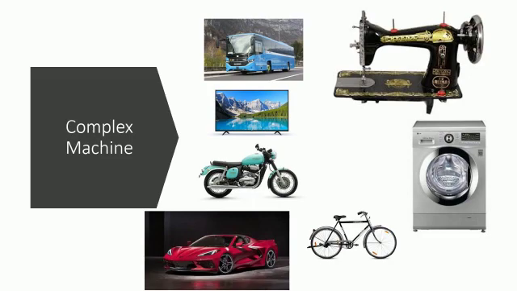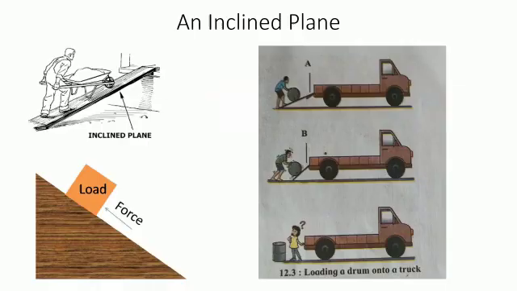Here, the simple machines are combined together to form one complex machine, that is the bicycle. The structure of a complex machine is complicated. In our day-to-day life, we use simple or complex machines depending upon the task to be carried out and the time and effort required to do it.